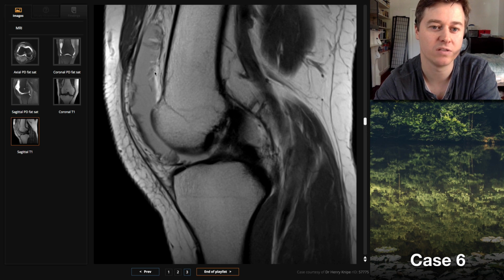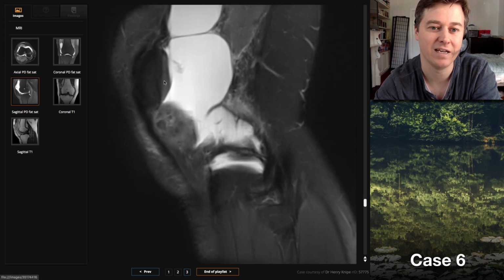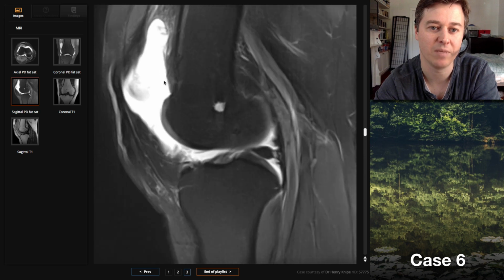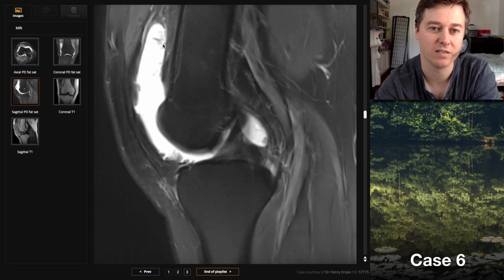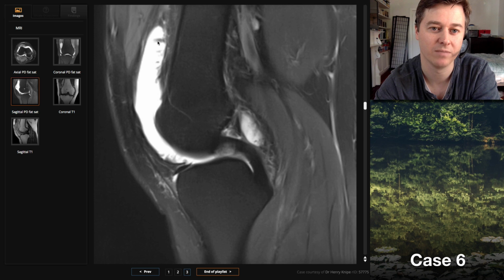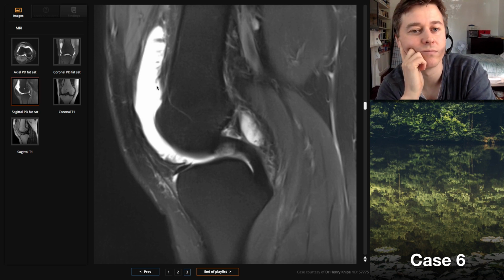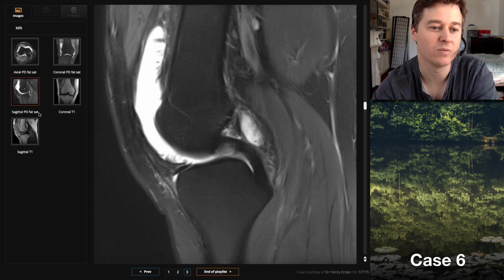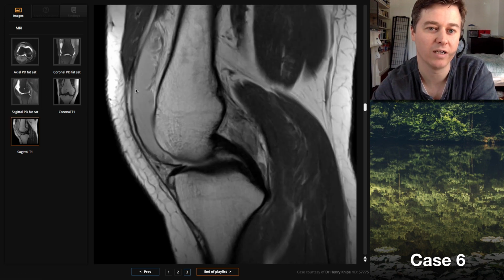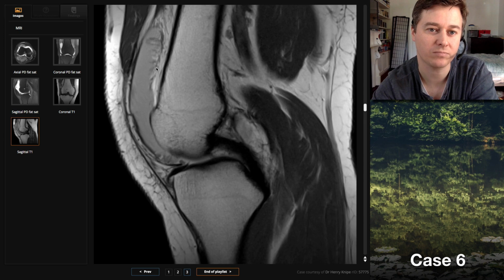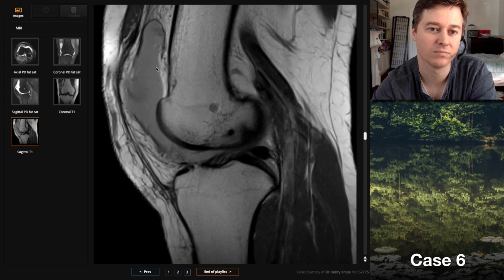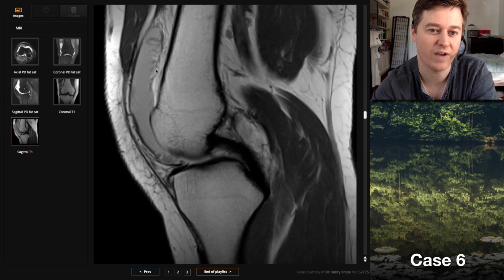When you look at the rest of this joint, see in the suprapatellar pouch, see these little frond-like things coming out here. On T1 they look bright, and then on the PD fat sat they look dark. What do you think they might be? I think that probably is more PVNS. Would PVNS be bright like that on T1? No. So I think that is synovitis, and it's quite fatty.